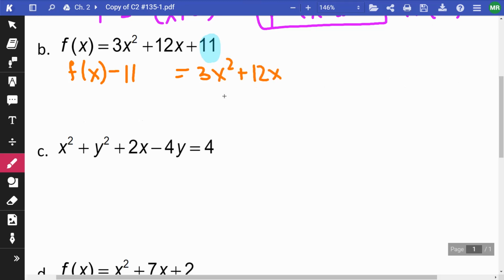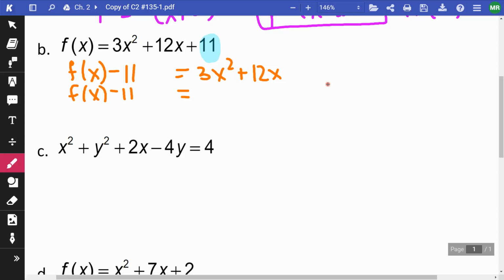Now, our problem is we do not want to have a number in front of our x squared. So I'm going to factor out this 3, which is going to be nice because 3 can factor out of both of these nicely. So I'm going to have f of x minus 11.